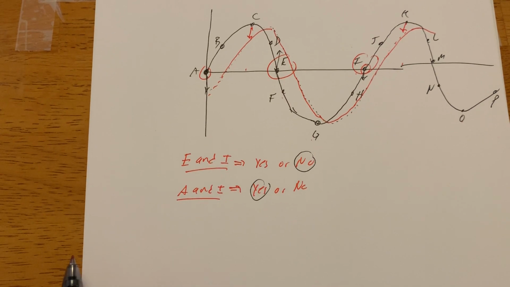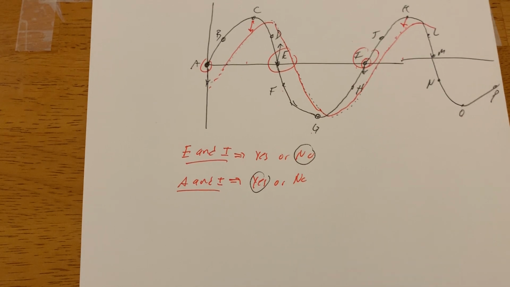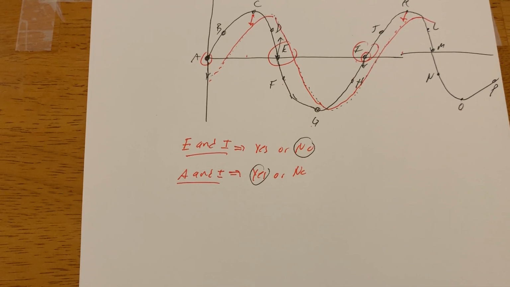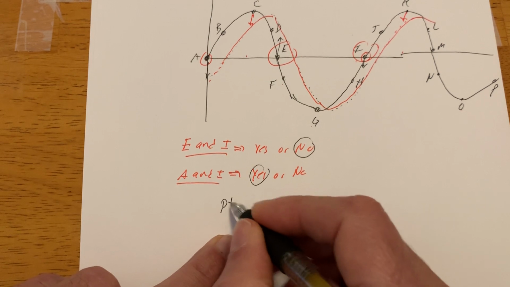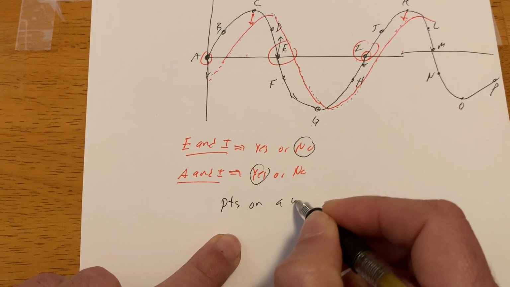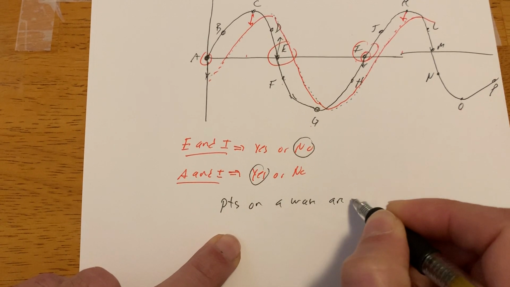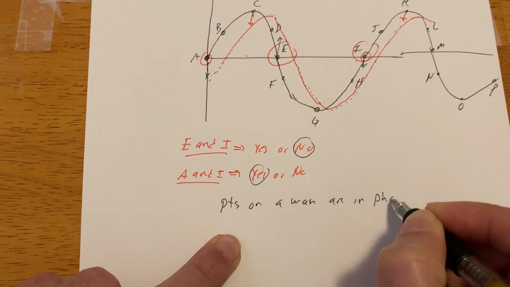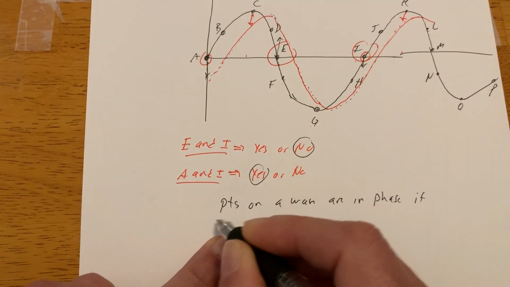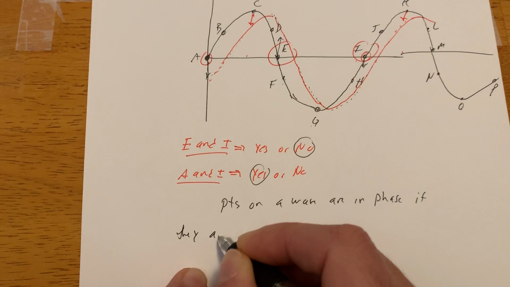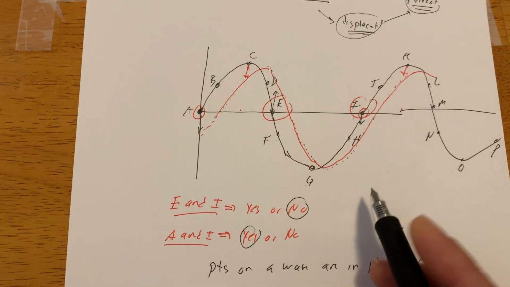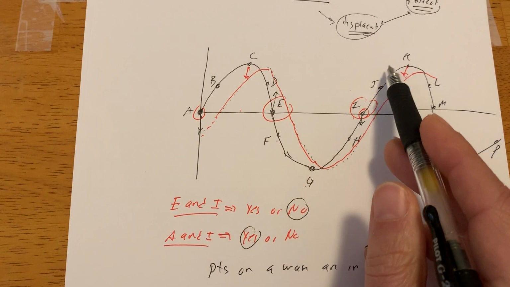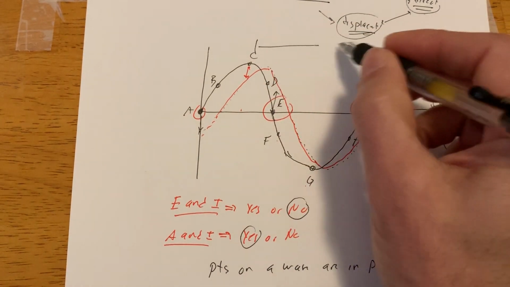Believe it or not, there's a much easier way to figure out if points on a wave are in phase. Let's take a look. What did we say? C and K. How far away are C and K?